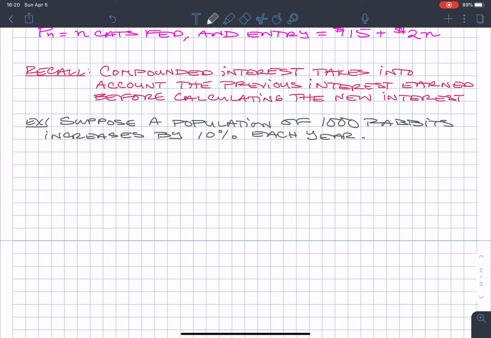So can this growth be modeled by a linear equation, i.e. by a line? So a linear equation.